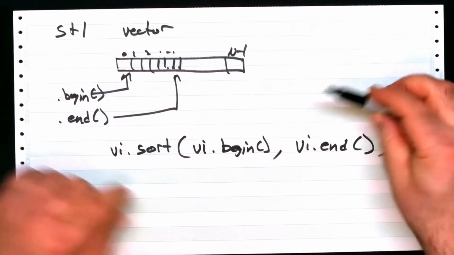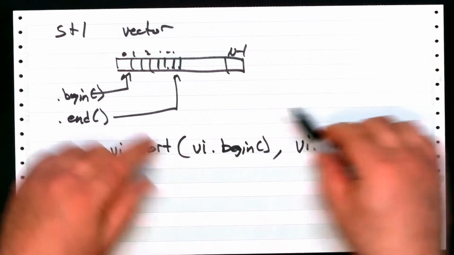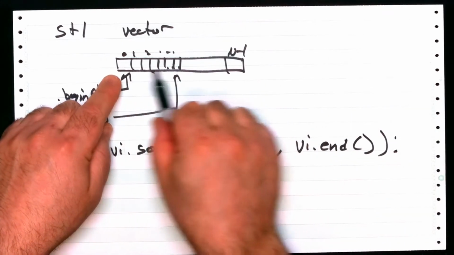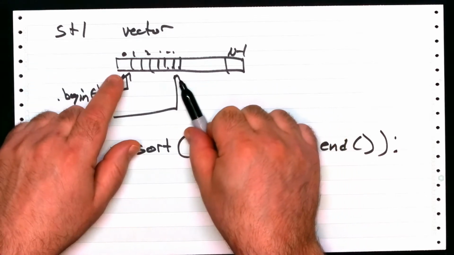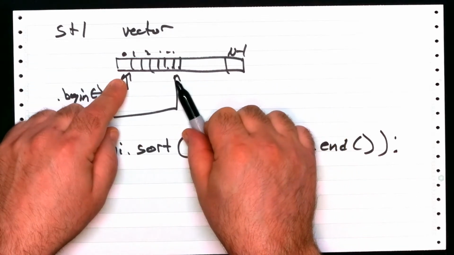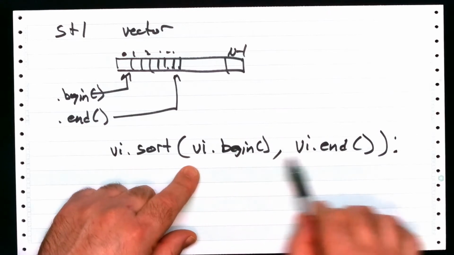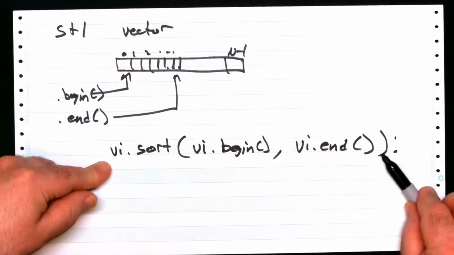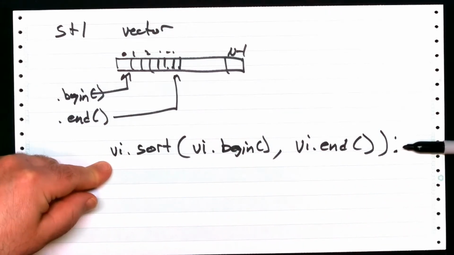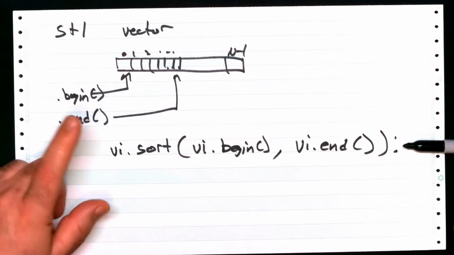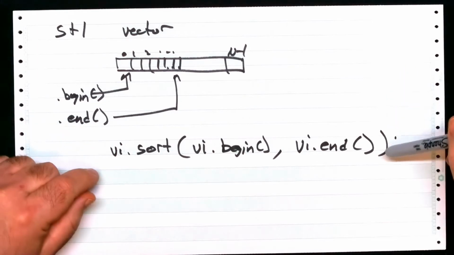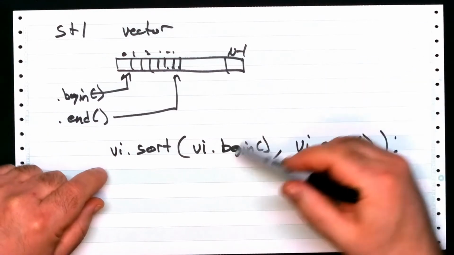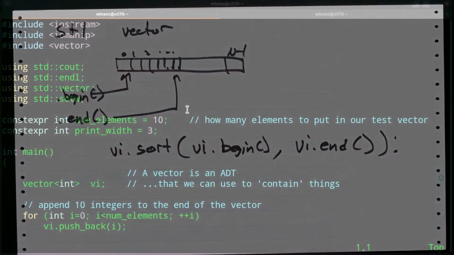This open-ended range says the elements are between these two things. These things are called iterators, and again, we'll get back to those in a minute. From the beginning to the ending, I want you to sort this in ascending order. Done. Okay, that's a lot easier than writing your own, whatever, selection sort or something like that, and spending all your time debugging that. So we don't have to write sort routines anymore. We just call this. All right, let's look at some code.